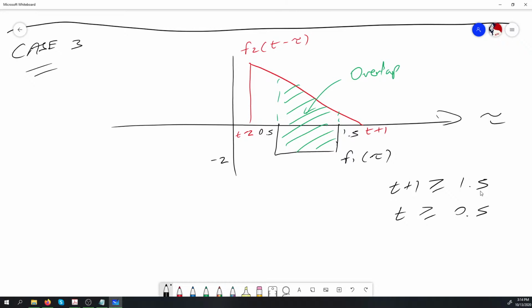But in this case we also want to watch our t minus 2 value, and our t minus 2 value here is less than 0.5. So t minus 2 is less than 0.5, so t here is going to be less than 2.5.